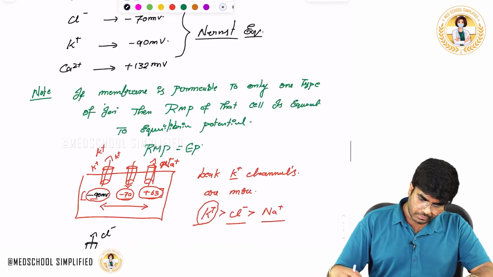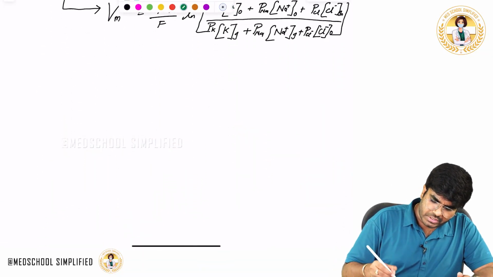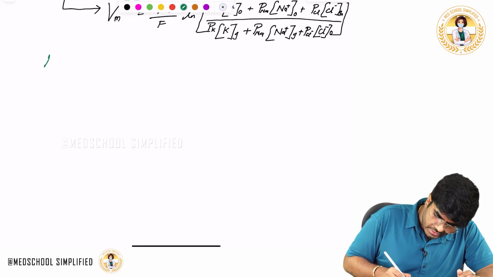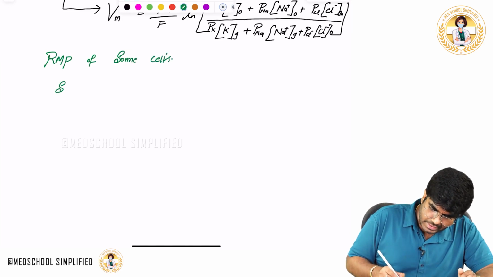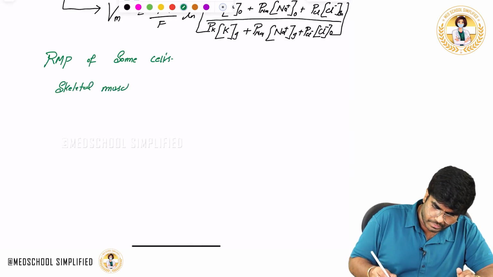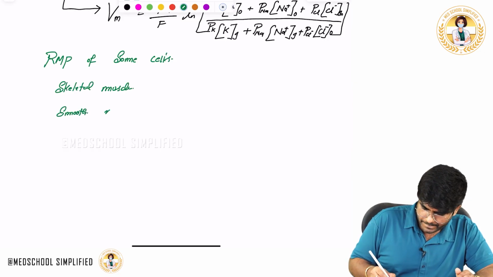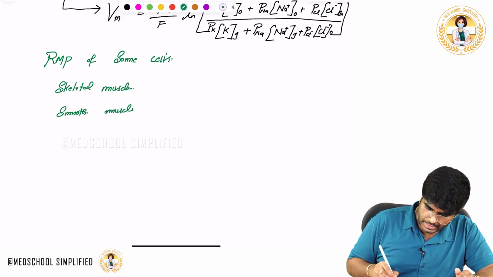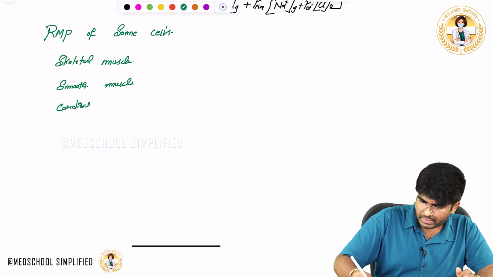Now after this let's discuss the resting membrane potentials of some important cells. For example, skeletal muscles, smooth muscles, cardiac muscle, that is a ventricular myocyte.